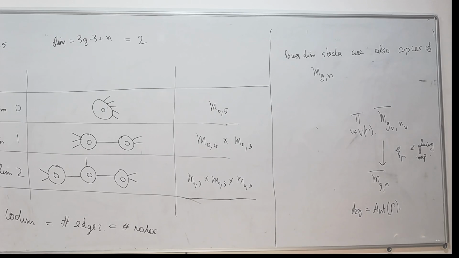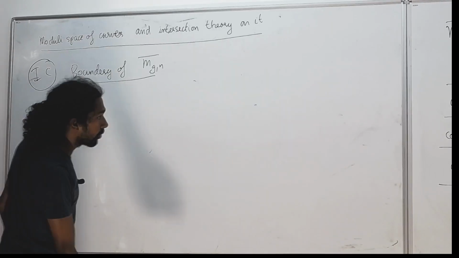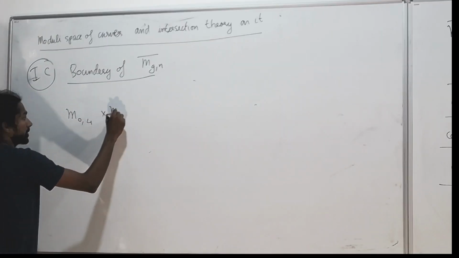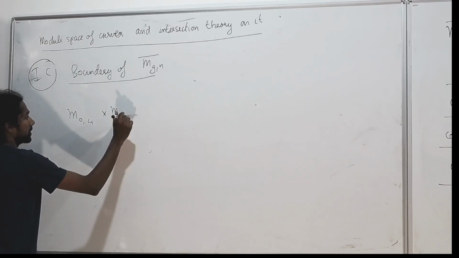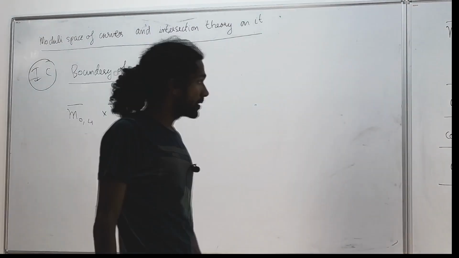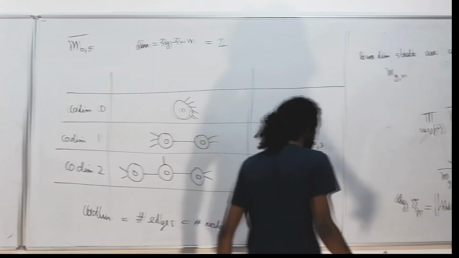So what do you glue, right? Let's say I'm in M_0,4. So let's think about this gluing map. The degree of the gluing map is the cardinality of the automorphism group.